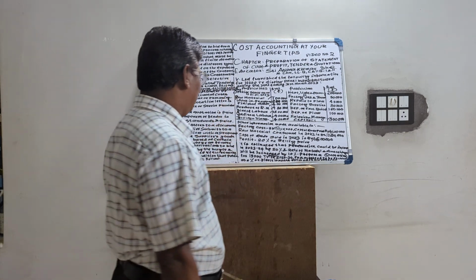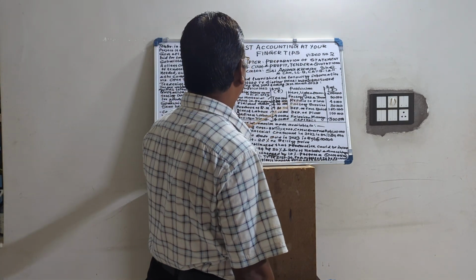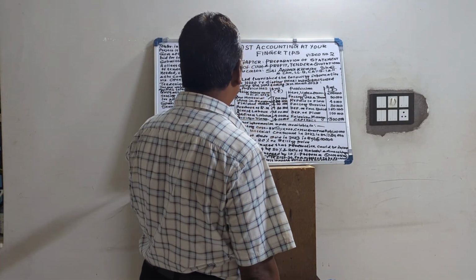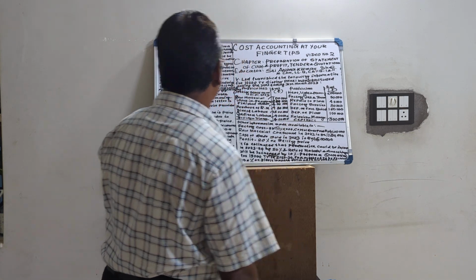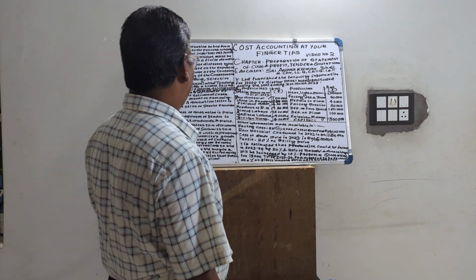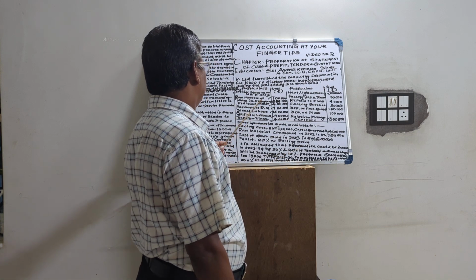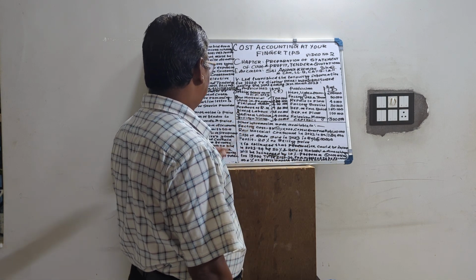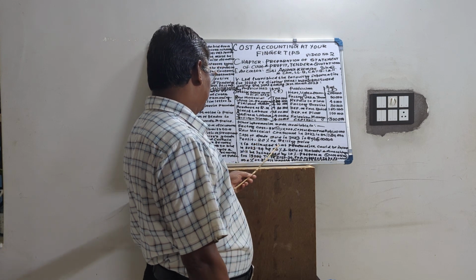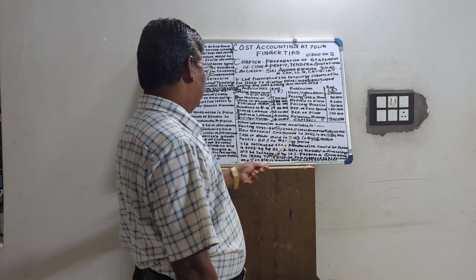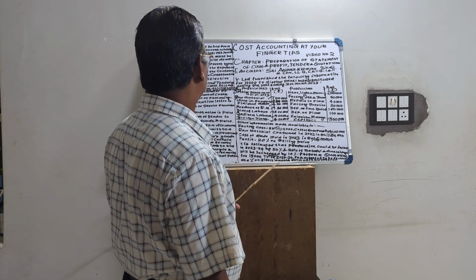Here is one problem. In this problem we will prepare the statement of cost and profit. From that we will arrive at the unit price of raw material, labor, factory overhead, administrative overhead, selling and distribution overhead, and we will give a quotation for some goods.